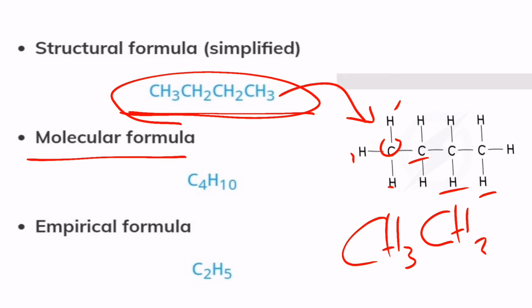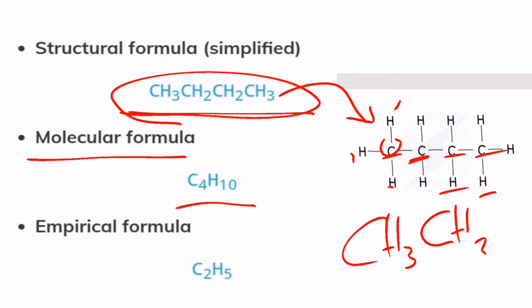Then we also have a molecular formula. So remember, we said the molecular formula tells you the actual number of atoms in the molecule. So here we have a molecule of butane, which has 4 atoms of carbon: 1 2 3 4.